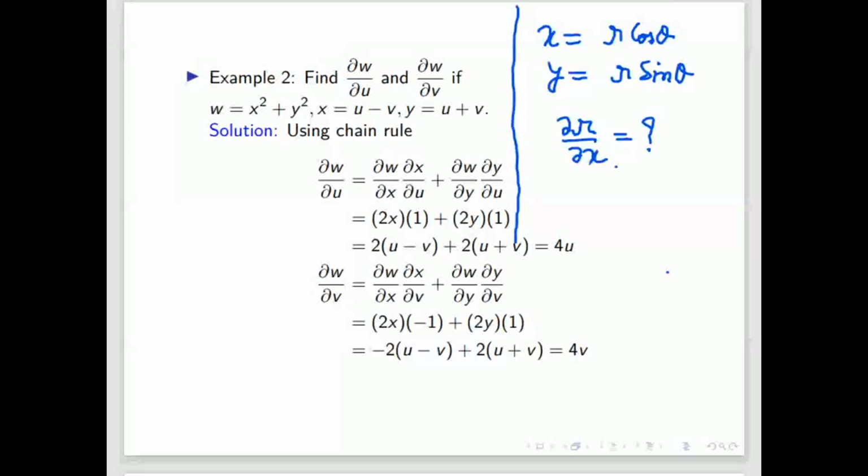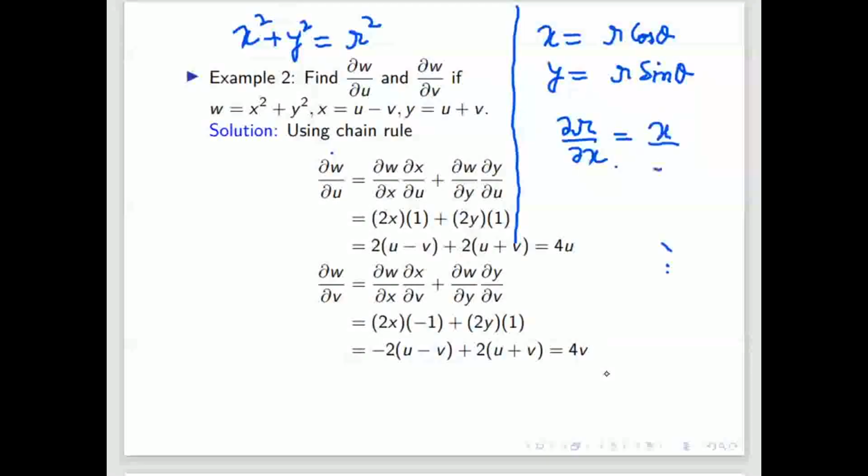Even if you want to eliminate, you will get x square plus y square equal to r square. The question is, what is del r by del x? x by r.